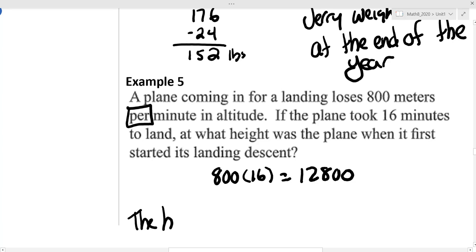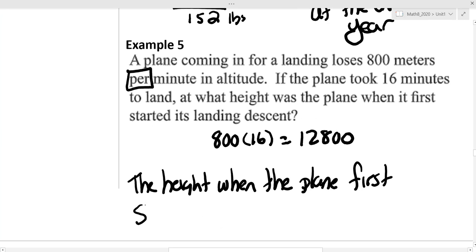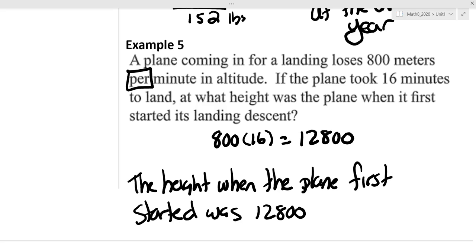The height when the plane first started, I think these are your words, was 12,800, which is very nicely said, except for you're missing one tiny little thing. I would say in meters. So you can use a little m to represent meters, or you can just write out the word meters as well. Okay?